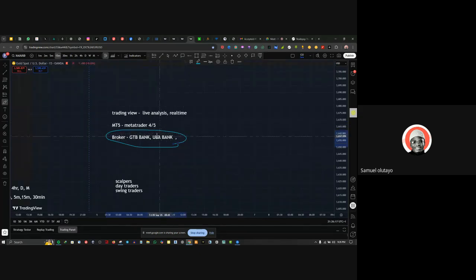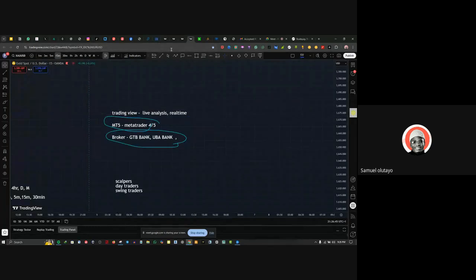Now, after I've deposited my $100 to the broker, I'll now download my bank app so that anytime I want to transfer or execute or do airtime or do data, I'm going to be using my bank app instead of going to the bank every day to buy data, to withdraw, to whatever. I'm going to download my bank app. So I'm trying to make it relatable so that we can get it once and for all. All right. So I'm going to download my bank app to make transactions easily.